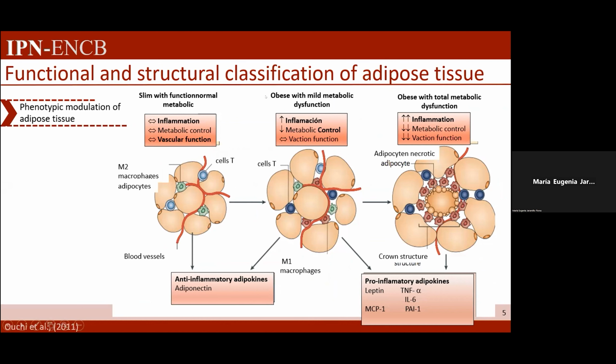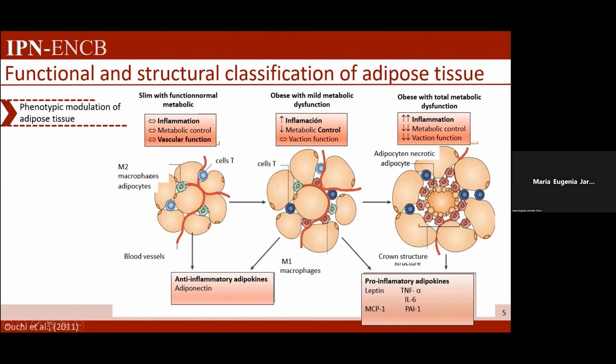When this changes to obese with mild metabolic dysfunction, you can observe an increase of inflammation, reduced metabolic control, and vascular function starts to malfunction. With total metabolic dysfunction, you can see a very high increase in inflammation, reduced metabolic control, and reduced vascular function.